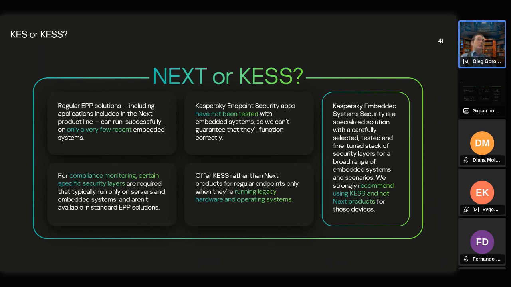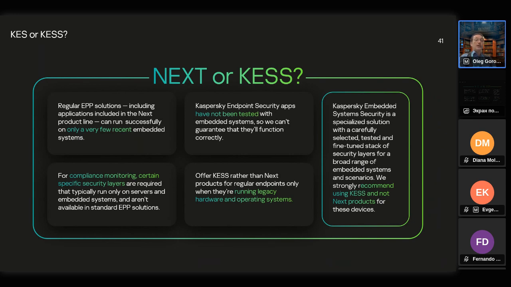And also, last but not least, we have additional security layers such as integrity controls that are not readily found in the cheaper endpoint protection. In other scenarios, these are generally associated with server security.